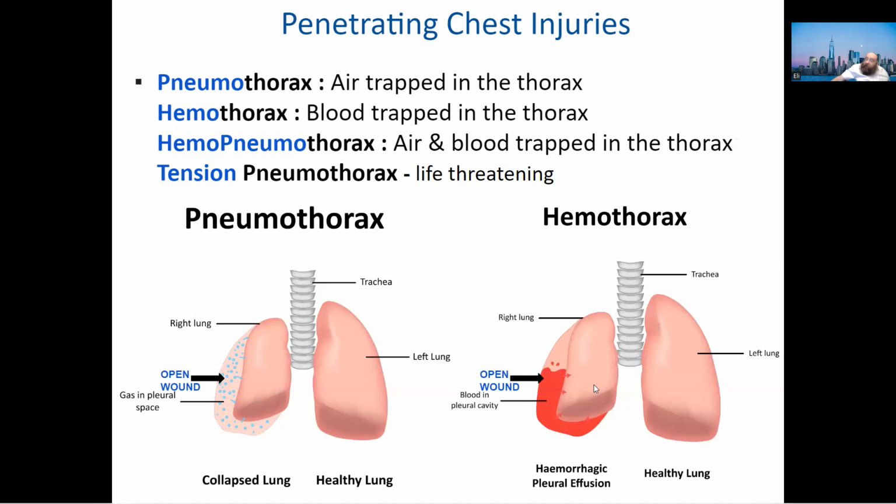Here would be a hemothorax where blood is pouring in. Typically, it will be a pneumothorax, which seems to be the most common.